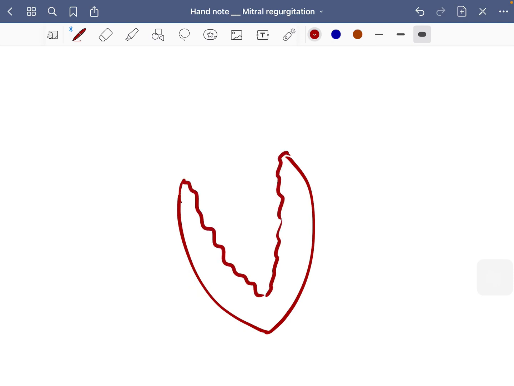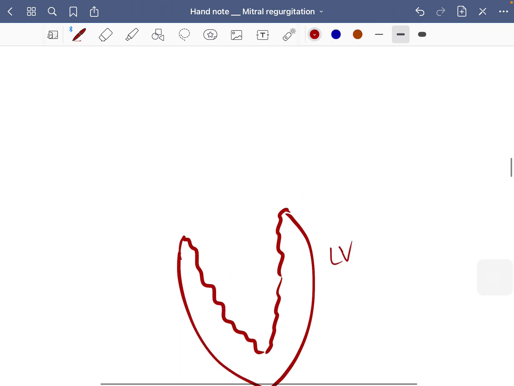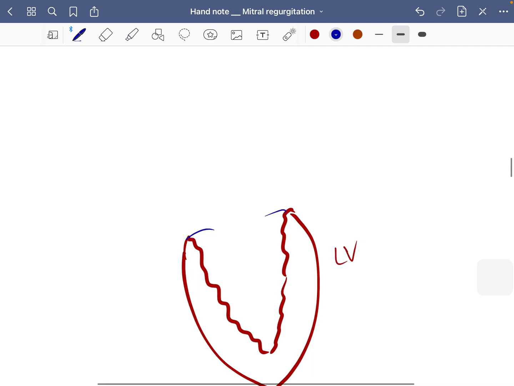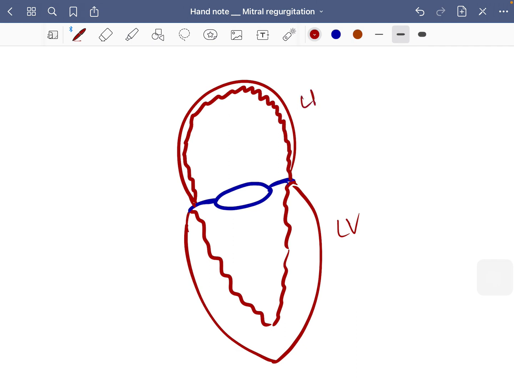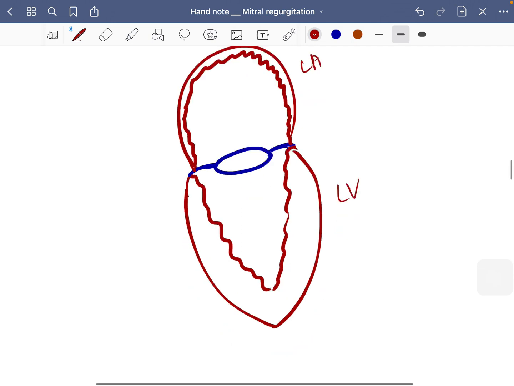Suppose this is the left ventricle, this is the mitral valve, and this is the annulus of the valve. Above it is a thin-walled chamber known as the left atrium.